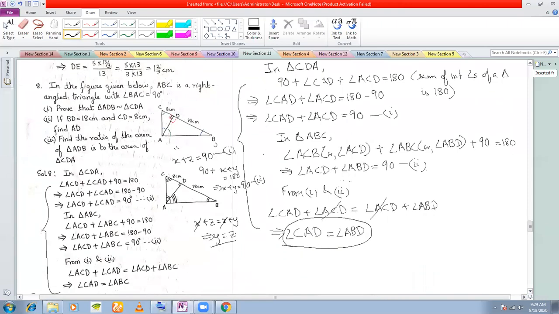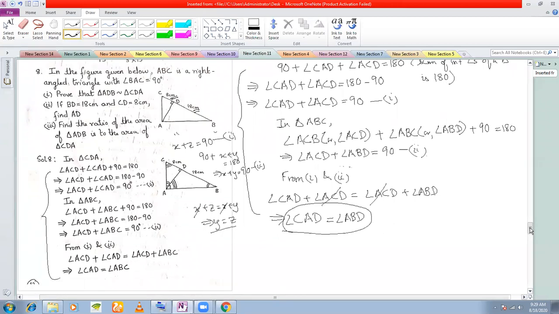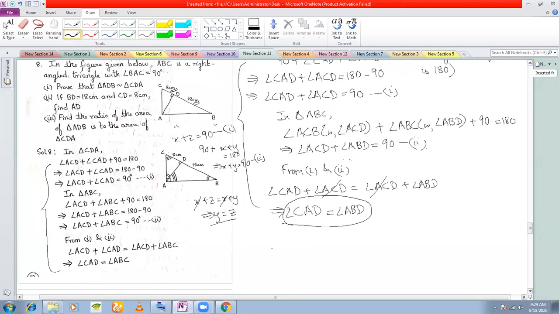Now we see the next question. If BD is equal to 18, so this is given to me as 18. CD is equal to 8. So this is given to me as 8. Find AD. So let us write the proportional side, then see what is given and what is not given. Let me mark the angles once again.